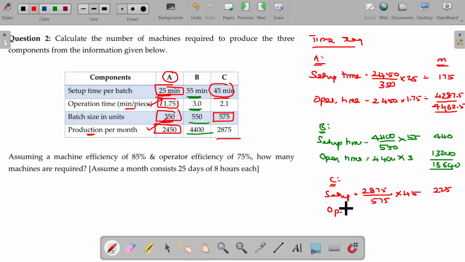And operation time: 2875 multiplied by, what is the time required? 2.1 minutes. 6037.5. What is the total value? 6262.5.